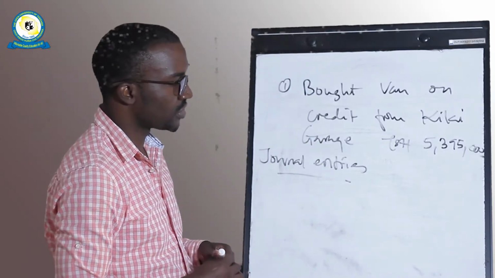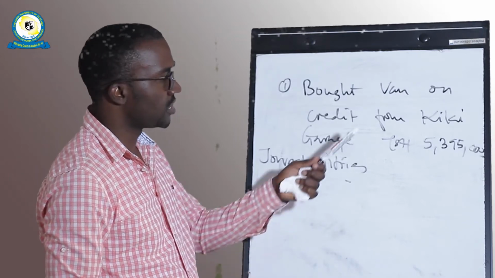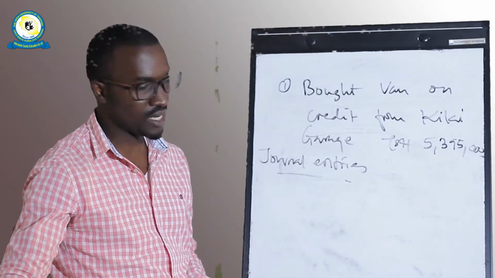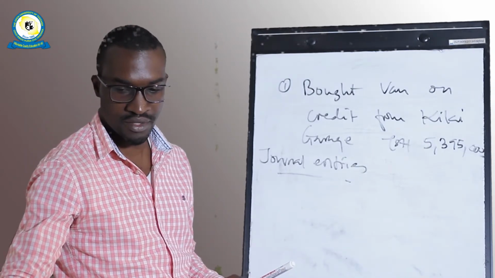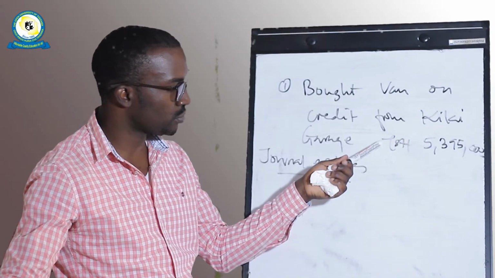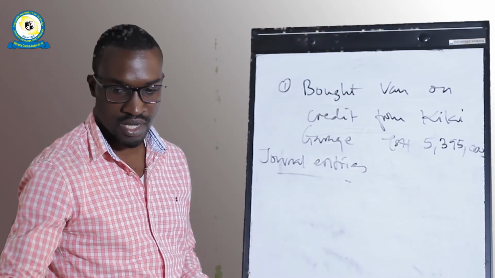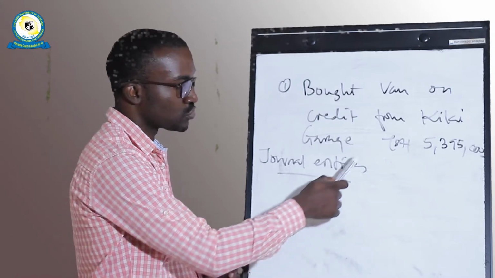Now we have to identify all the accounts that are going to be affected. Here we bought a van, so we expect that we are going to have a van. That's one. But again, we were told that we bought it on credit, so we are also going to have a creditor.